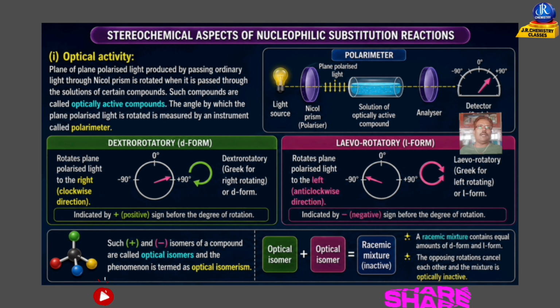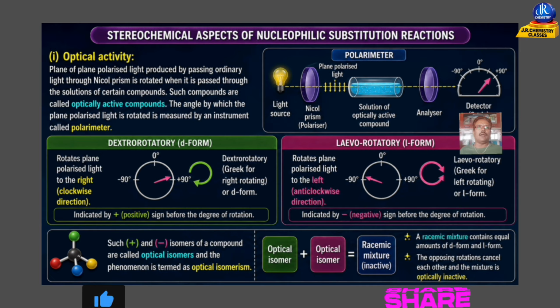If the light is rotated towards the left, in an anti-clockwise direction, the compound is said to be levorotatory, or the L form, and a negative sign is placed before the degree of rotation.